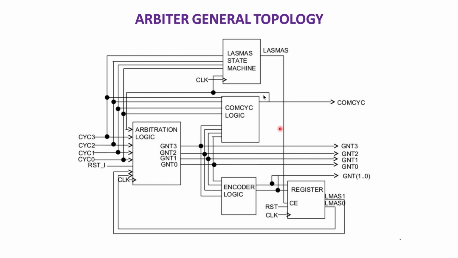Let's now delve into the arbiter general topology, wherein we would look at the circuit first and then move on to the Verilog code. So here we have various blocks. We have the arbitration logic block, the encoder logic block, the storage register block, a communication signal block, and then the state machine and multiple signals in here.